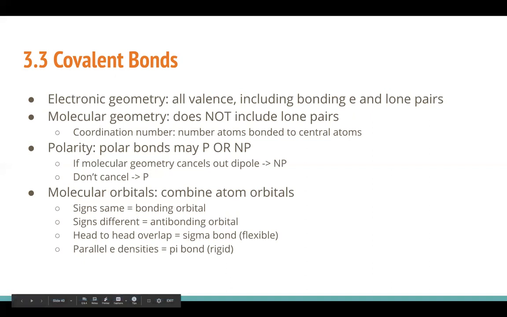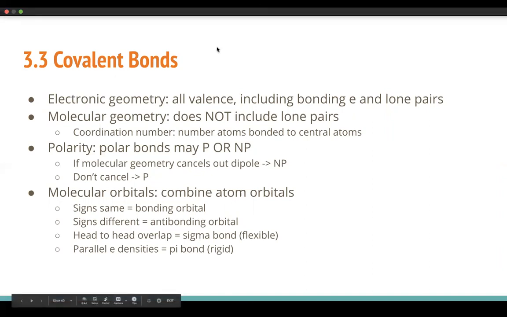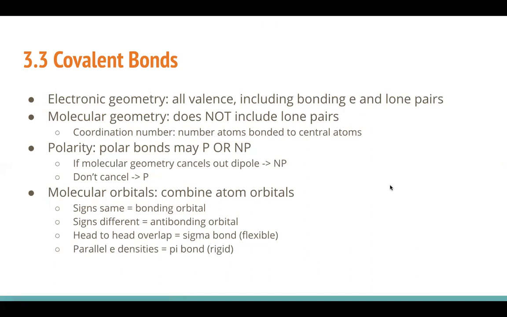One other thing that is important is polarity. Polar bonds may actually be polar or nonpolar molecules, but nonpolar bonds are always nonpolar, because the molecular geometry could cancel out the dipole. As an example, say I drew carbon, and these are all chlorines. I wish I was better at drawing on here.